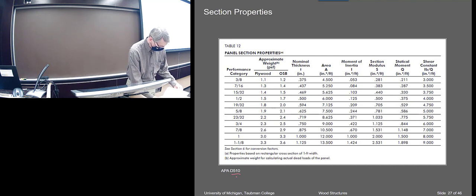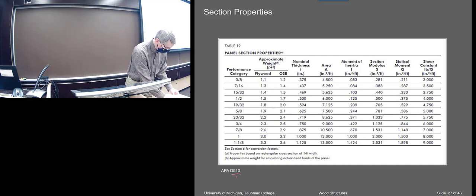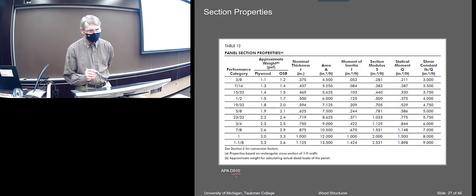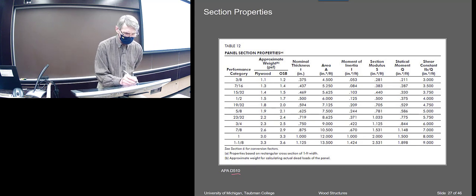Yeah, in the back of the 510, they'll give you equations to actually calculate bending strength, shear strength, different deflections, bending, weak axis, strong axis. So you can calculate that, and to do it, these are the values that you'd need to input for the different sizes.